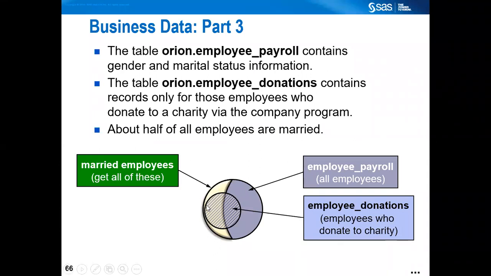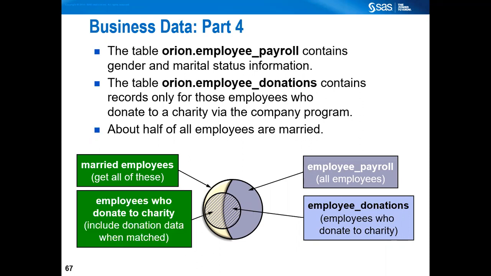But we want only those who are married and contributing for donations, which are a part of your payroll also and a part of your donations also. So of course, it's going to be a right join. Understood, everyone? Yes, sir.